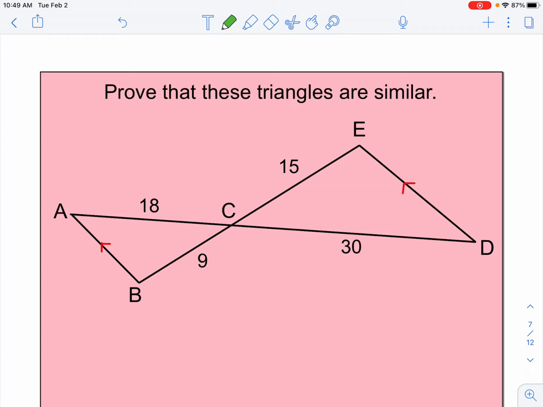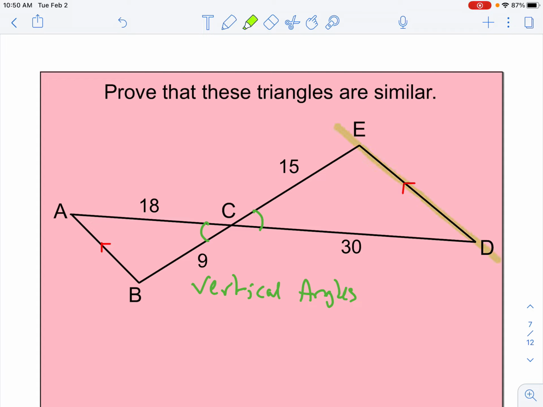All right, now we're going to prove these two triangles are similar. Why don't you give this a try on your own? See if you can prove that these two triangles are similar. Well, right now we don't have enough information, it looks like. What do we have? We have that these two angles are vertical angles, so we do know that one of the angles is congruent.